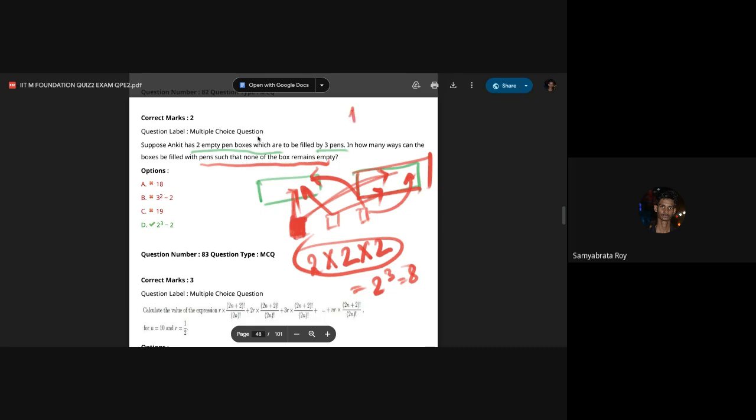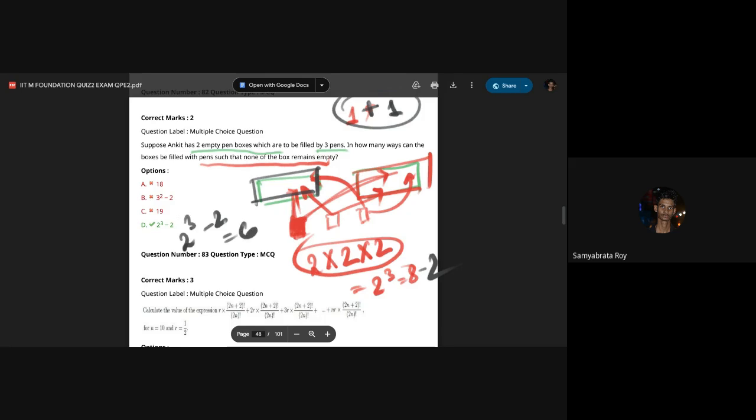So that is a way which is not allowed. Another way I got where all of the pens are choosing to stay in this box. So there are two ways which are not allowed. So I'll just subtract that. My answer is 2 cube minus 2, which is 6.